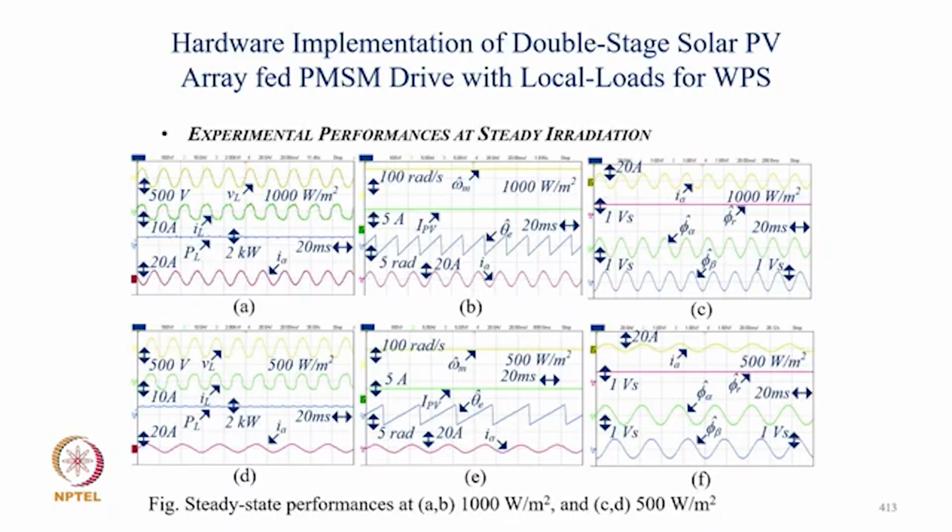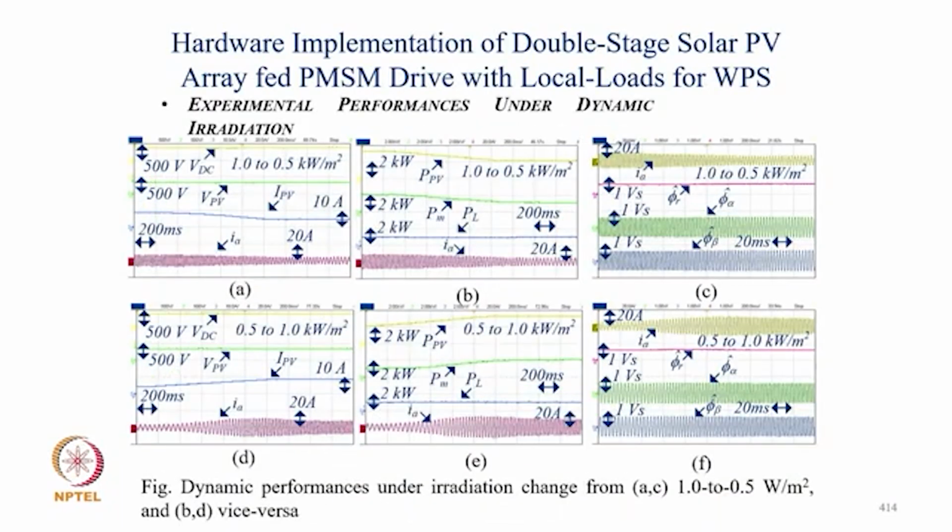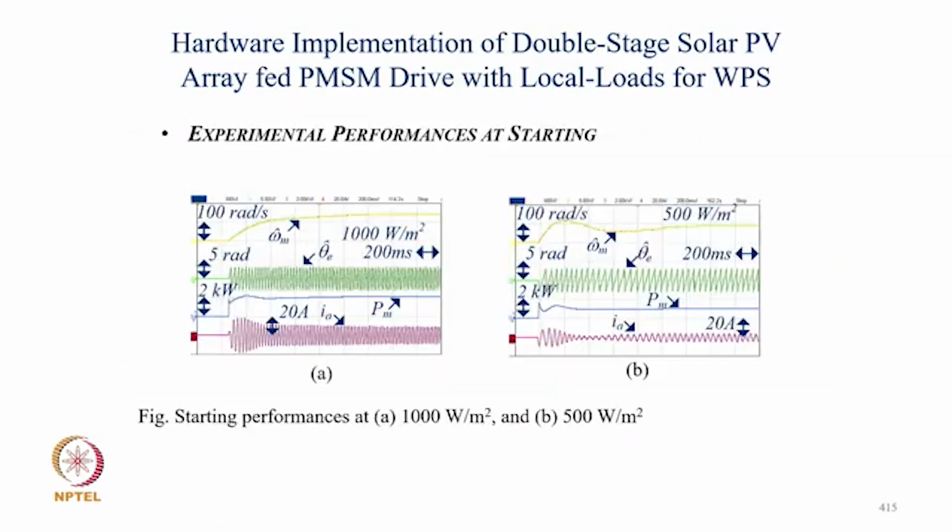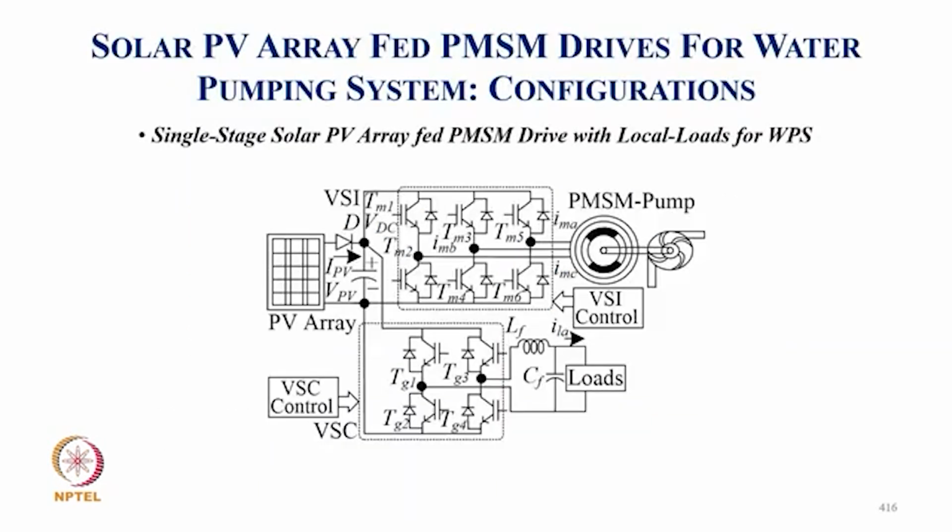Similarly, along with the position, we have the PV voltage and the responses of the estimated flux linkage phi alpha, phi beta, and the position estimation, and the response for change of PV power, and for the starting response to solar insolation of 1000 and 500 watt per meter square.